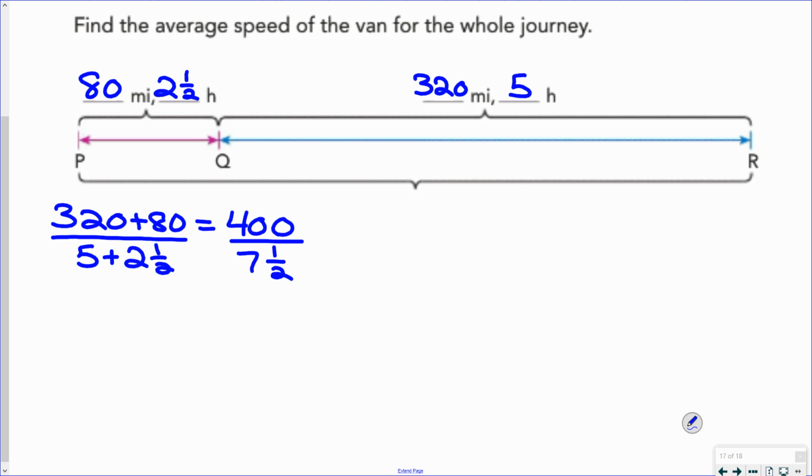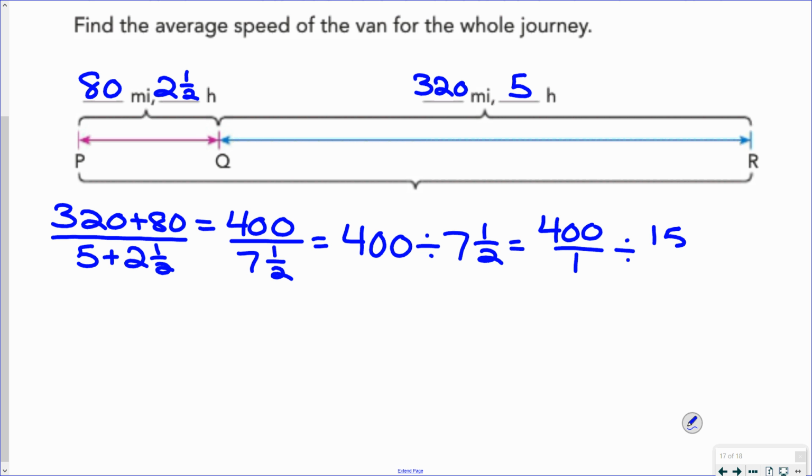Remember, this is division, so we can rewrite it as division. So 400 divided by 7.5, which would be 400 over 1, divided by 15 over 2. I just converted to improper fractions there. Keep, change, flip. I can divide 15 by 5.